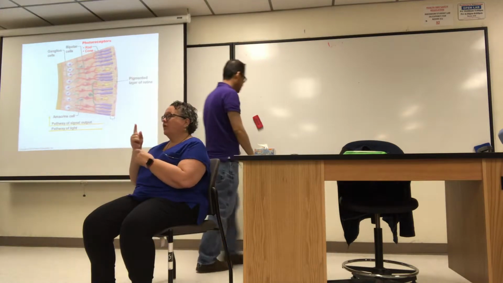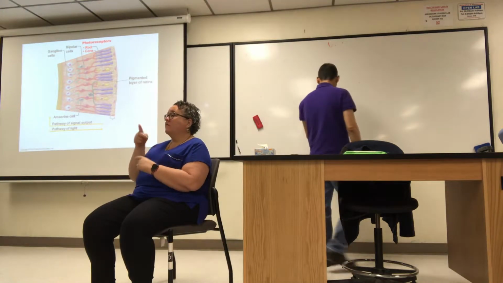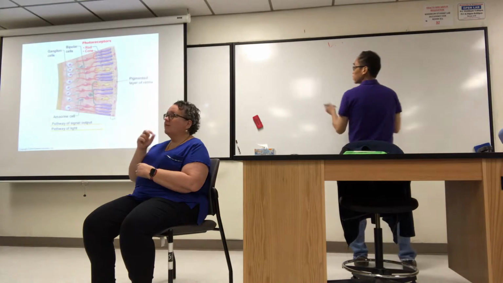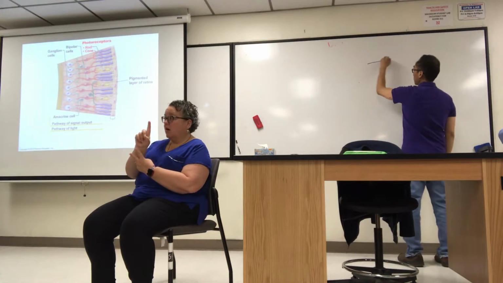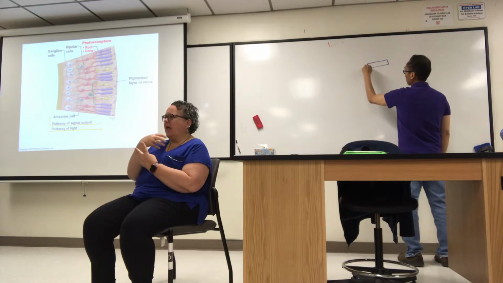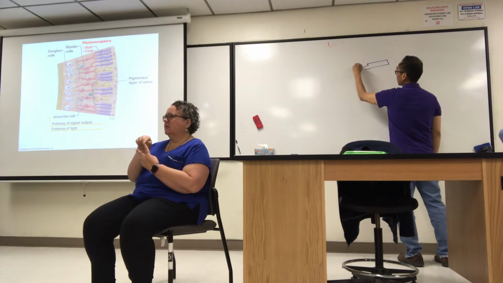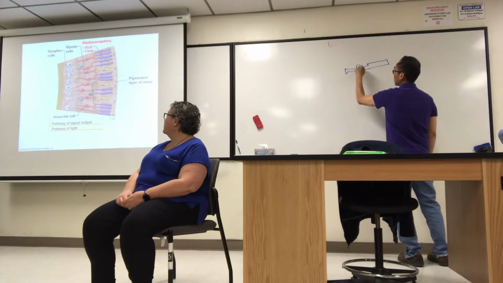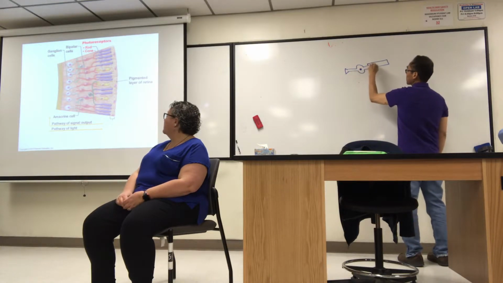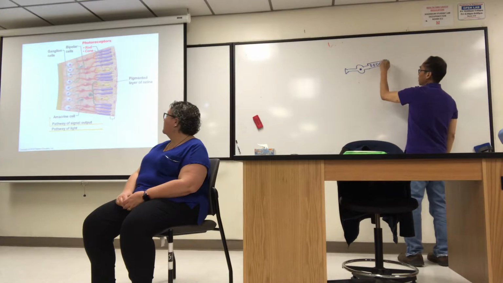There's 2 main kinds. There's rods and cones. Rods have this funny external segment. It's a rod-shaped body with little discs inside that have the visual pigment.